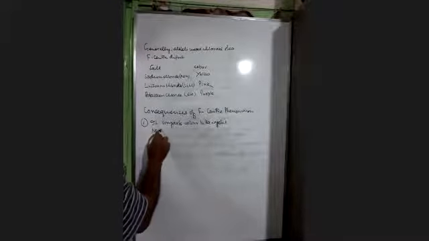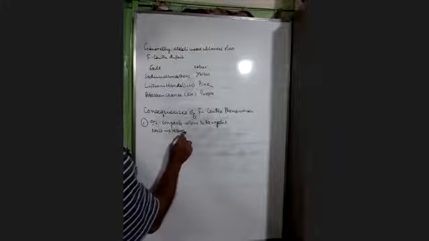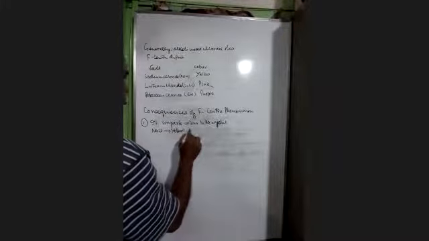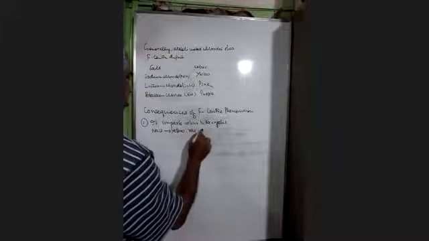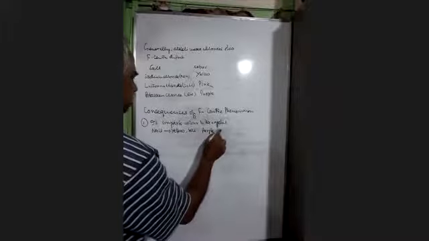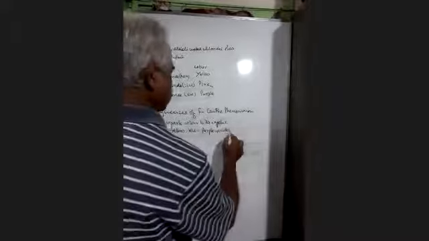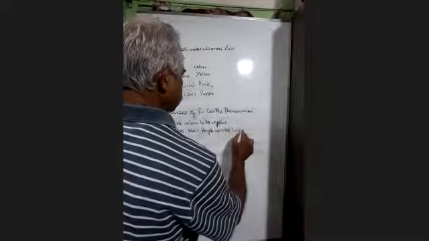Already you know: sodium chloride, yellow. Potassium chloride, you can say purple or violet, whatever you like. And lithium chloride.